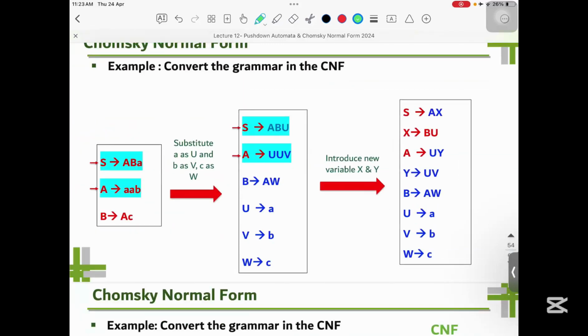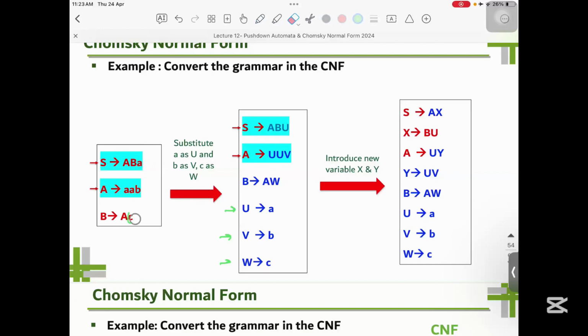Here consider this particular example as well. In this case, because of all these three, it is not in Chomsky. So we have three variables here: a, b, and c. So we define, for example, U, V, and W as a, b, and c.